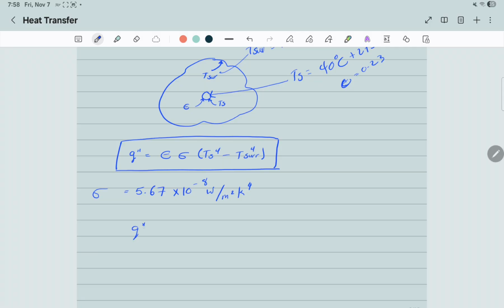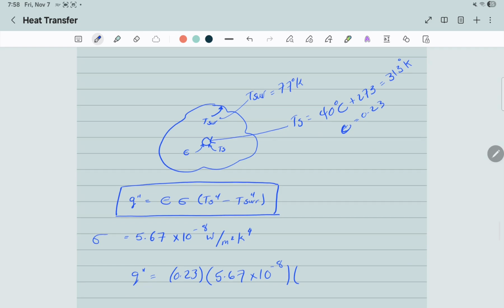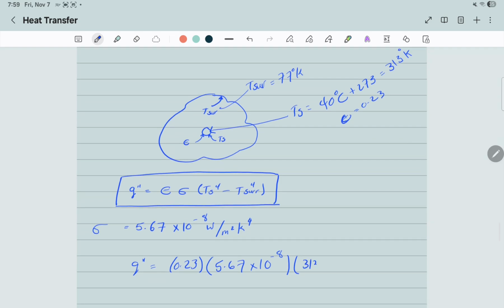Therefore, Q equals 0.23 times the Stefan-Boltzmann's constant, 5.67 times 10 to the power of -8, times 313 minus 77.